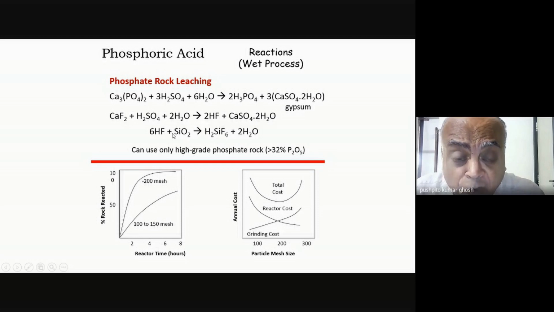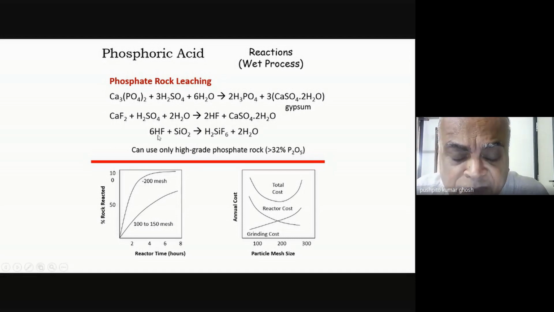So it will form this. But for that, I have to make sure that my rock has got a sufficient amount of silica. If the silica amount is insufficient, then this reaction may not happen, and your HF, especially if my temperature is low, suppose I'm making only the dihydrate crystals and I'm operating at say 60 degrees centigrade, may not volatilize under those conditions.